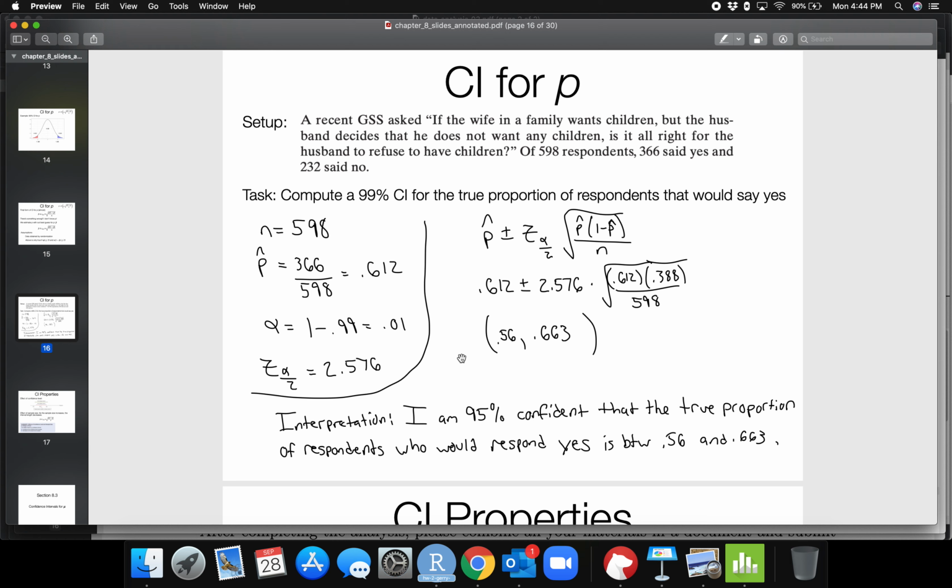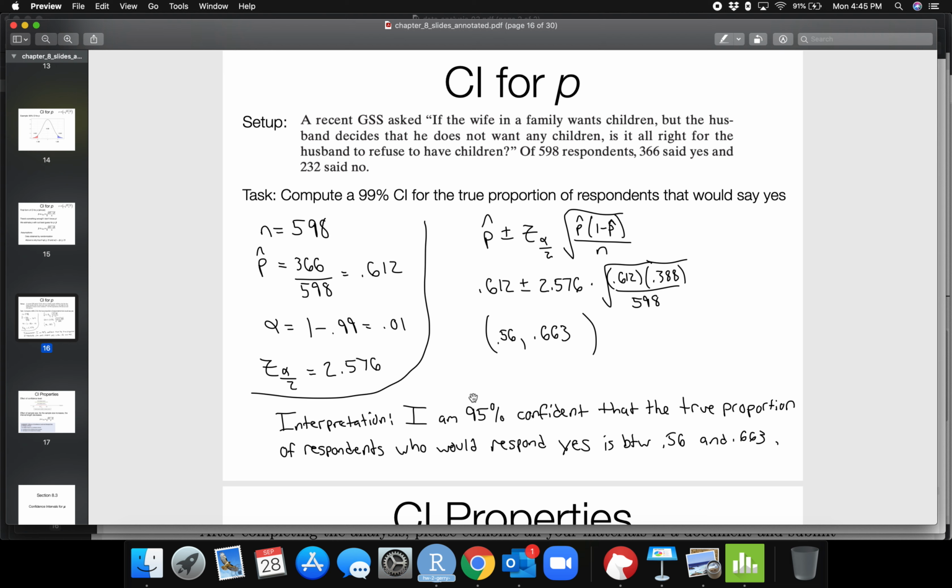The interpretation of this confidence interval, and I've actually misinterpreted it, is that I am 99% confident, so that should say 99, that the true proportion of respondents who would respond yes is between 0.56 and 0.663. So it's not really that complicated. You start off any interpretation in the same way: I am blank percent confident, and the confidence comes from up here.